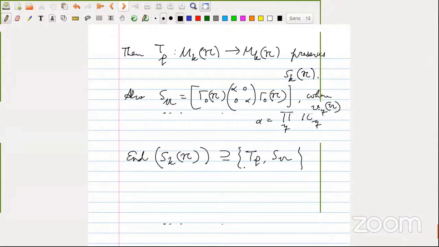The algebra generated by these Hecke operators is known as the Hecke algebra.